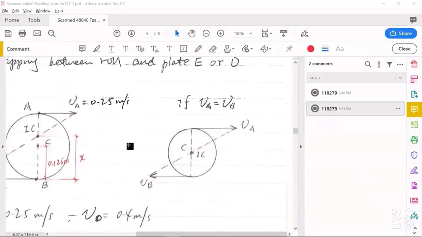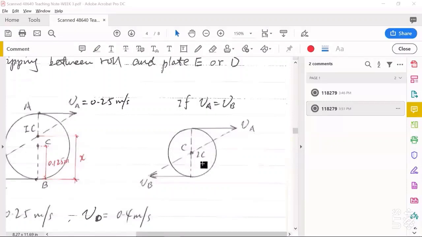Now, the question is, if the IC point coincides with the circle center point C, what motion does this cylinder undergo? What will be the motion? You will find it will not be a general plane motion.